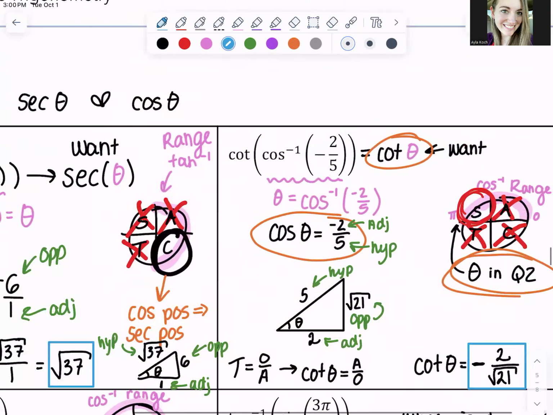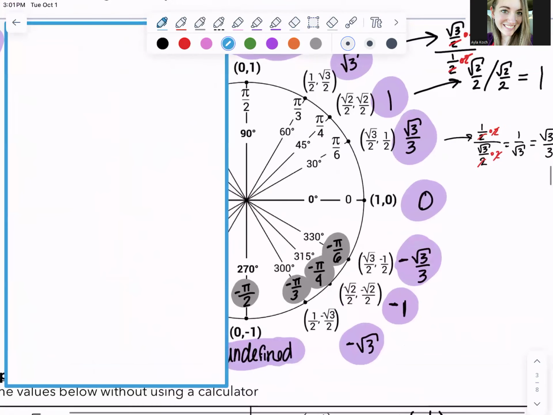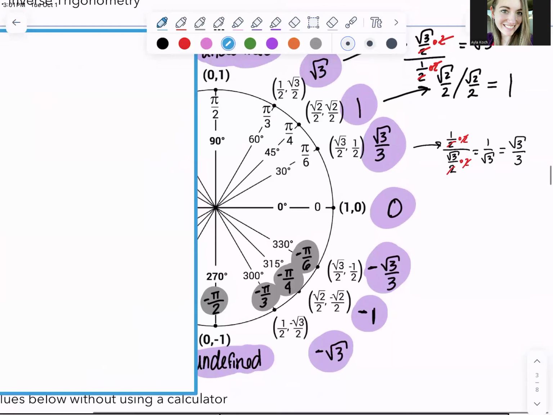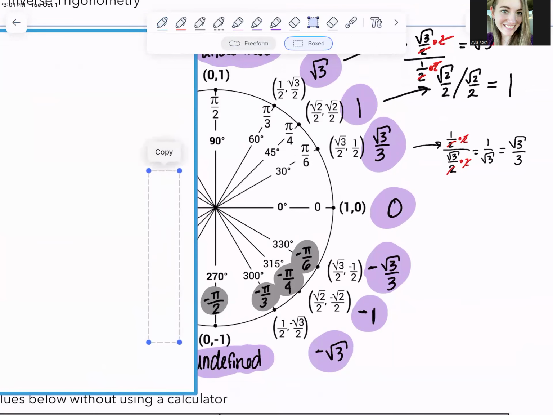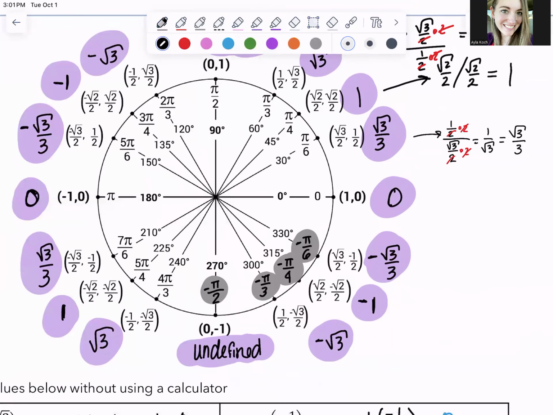This is useful because I can find angles that work for the function I'm working with. If I scroll further up to this mess of a unit circle, say I were asked something involving cosine of 5 pi over 4.